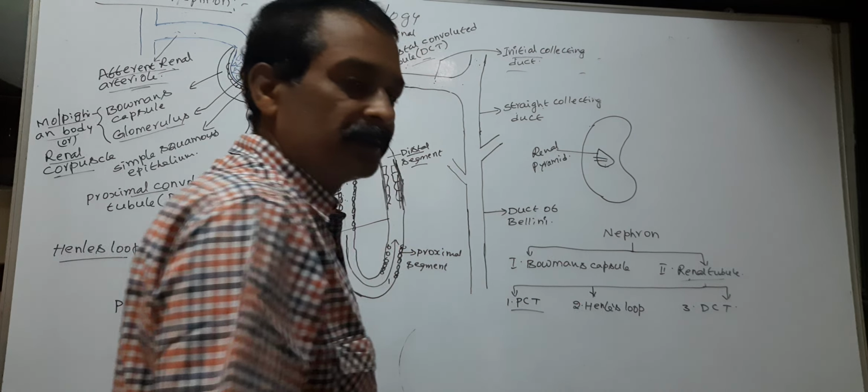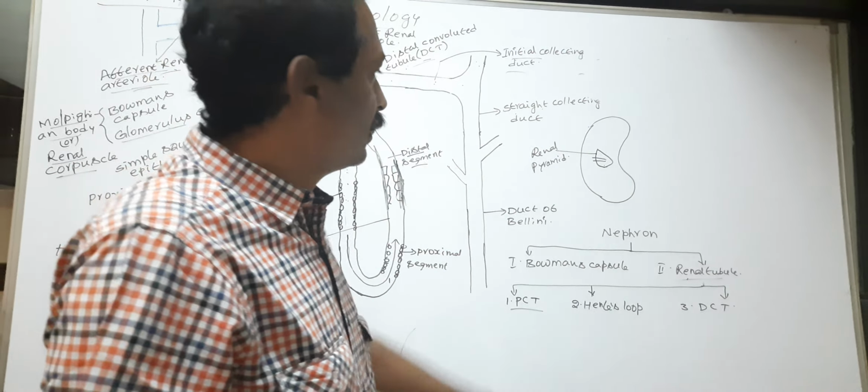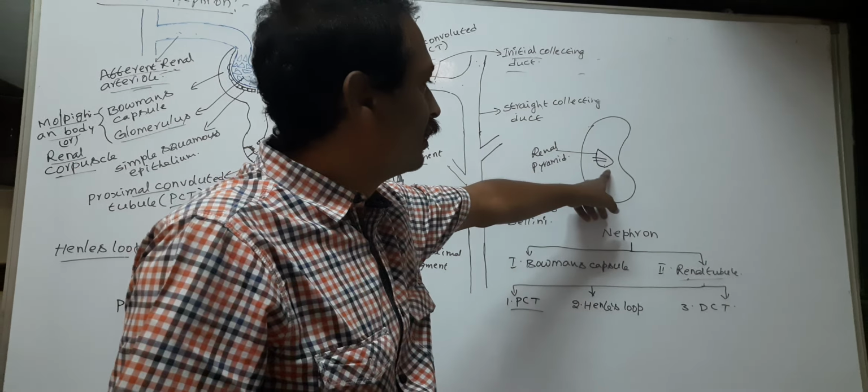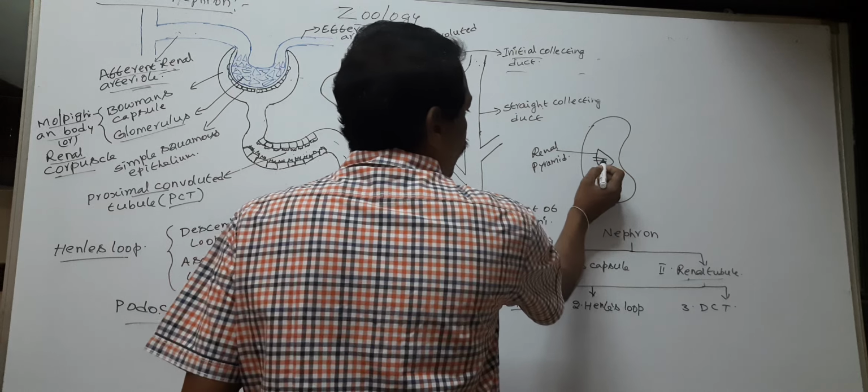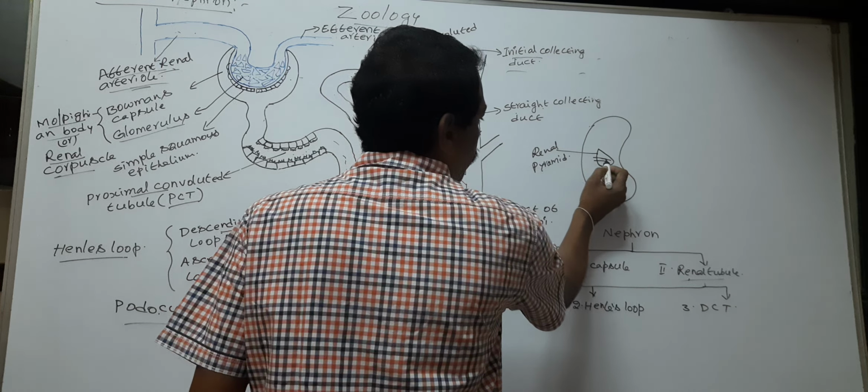So this is the renal pyramid. The medulla of the kidney possesses a pyramid-like mass of tissue called the renal pyramid. So here the duct of Bellini travels through the renal pyramid.